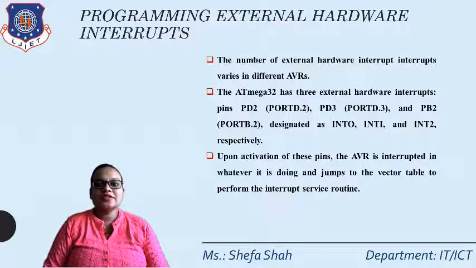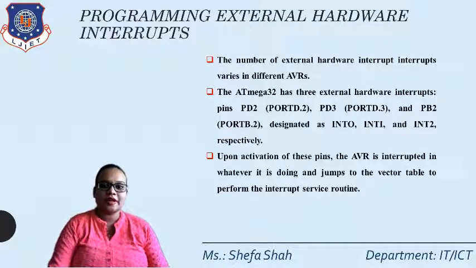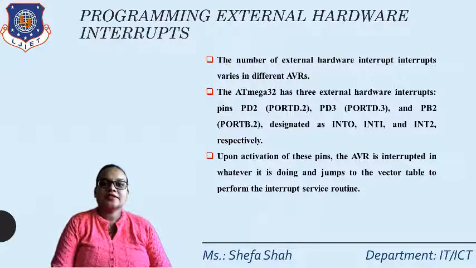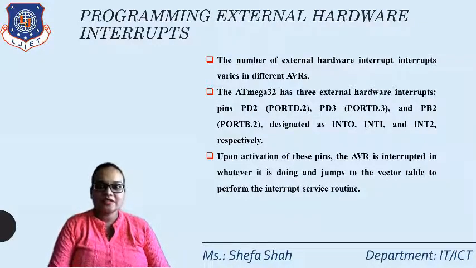As we discussed in the last session, we covered the timer and counter interrupts using this Atmega 32. Now in today's session, we use external interrupts, which are INT0, INT1 and INT2. These external interrupts also have predefined addresses in the interrupt vector table, and whenever we need to use an interrupt, we need to specify its address at the top of the location.